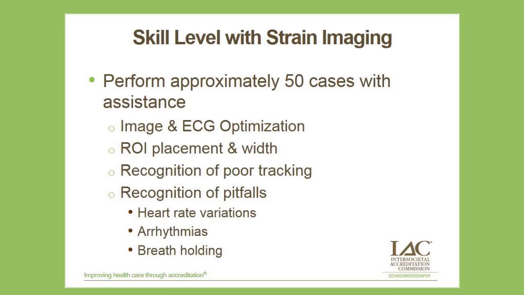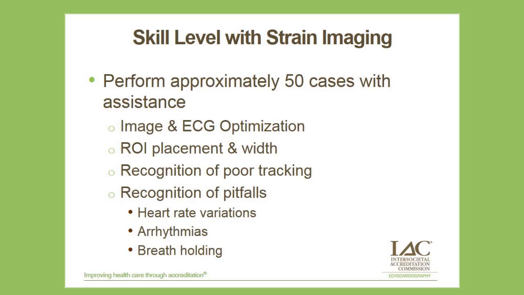So recognition of the pitfalls with strains, we talked about this before, heart rate alterations, arrhythmias are really important, and breath holding. And for these pitfalls, I would just recommend that, especially when you're first starting out with strain, you acquire your images and you perform the actual strain measurement while your patient's still there.